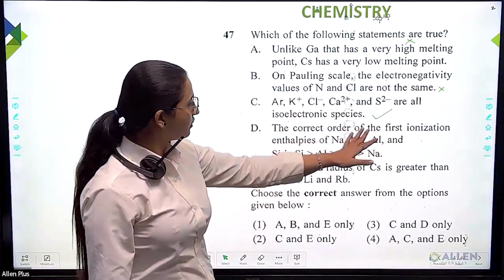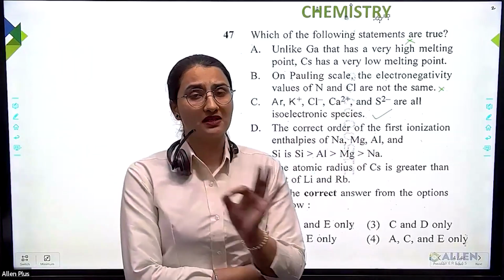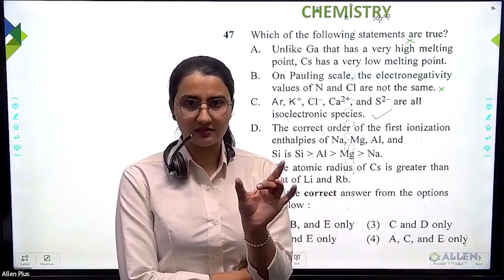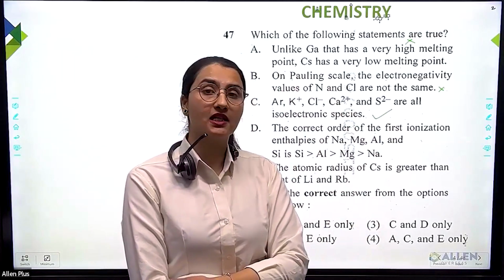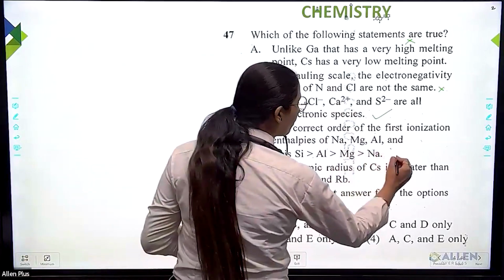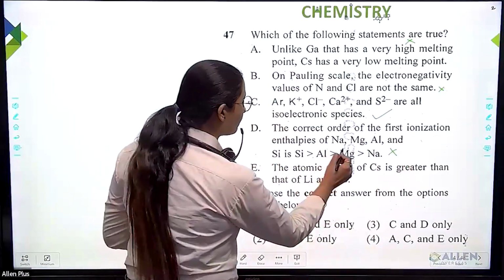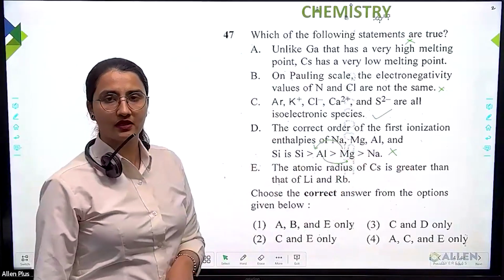Next, correct order of first IE. This is an exception. You must have all studied that group 2 elements have more first IE than group 13 elements because of the fully filled ns2 configuration. So this is wrong. Why? Because Mg should have a value more than Al. So it's wrong.